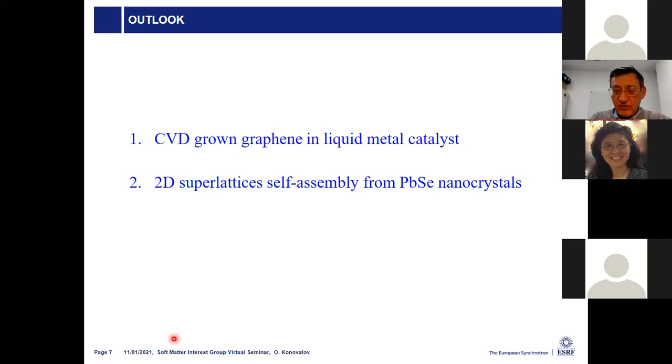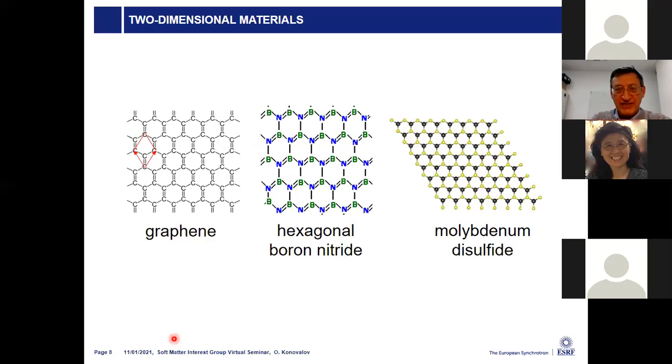So then I will try to squeeze these two different presentations into one and link them with one idea. The idea is that both of them are two-dimensional materials. One of the known two-dimensional materials is graphene, which has two atoms in one unit cell.